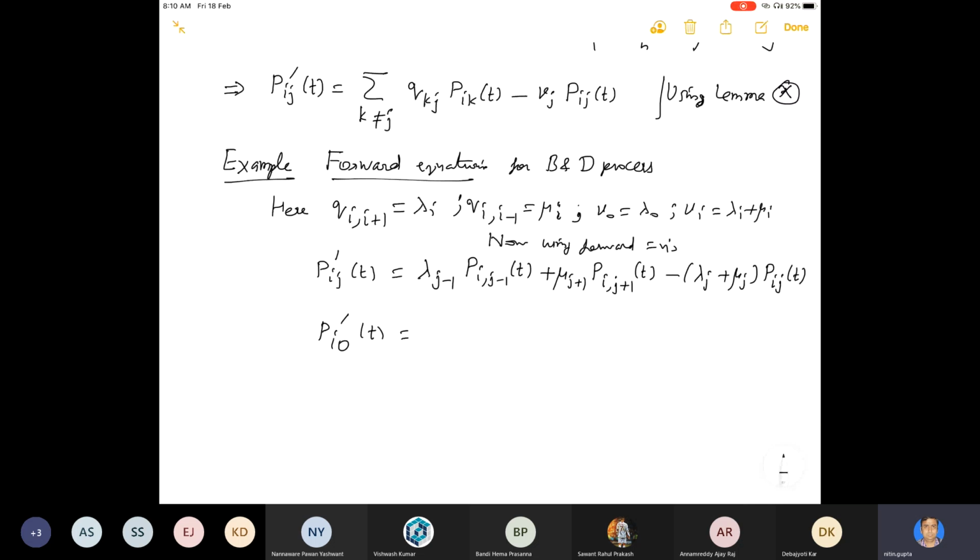So q 1,0 will be mu 1 and P i1 t, and v0 will be lambda 0, times Pi0 t. So these are the equations we have for the birth and death process.